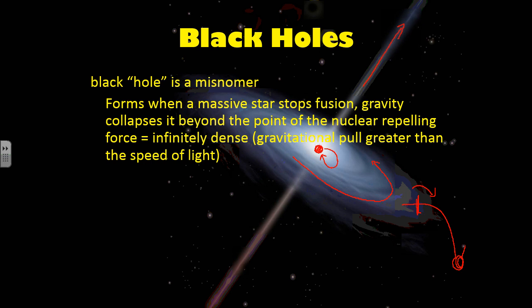And then objects that go in, there is a tremendous amount of gravitational difference in these objects going in. So if it was a person, they would get extremely stretched out in this event before the black hole rips them apart and makes it part of them. This process here is called spaghettification.